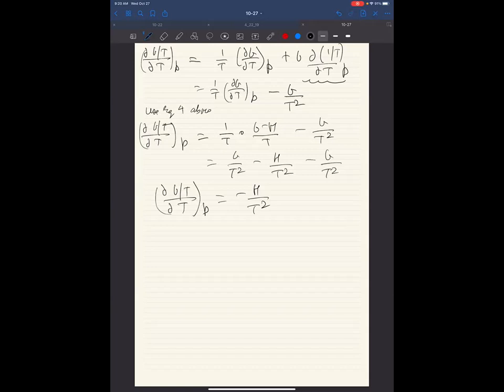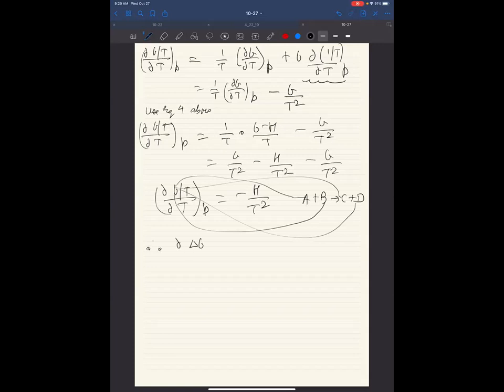And this applies to every component of a reaction, right? If you have A plus B going to C plus D, this applies to A, this applies to B, this applies to C, this applies to D, it applies to everything. So if you just subtract it all out, you get the Gibbs-Helmholtz equation.